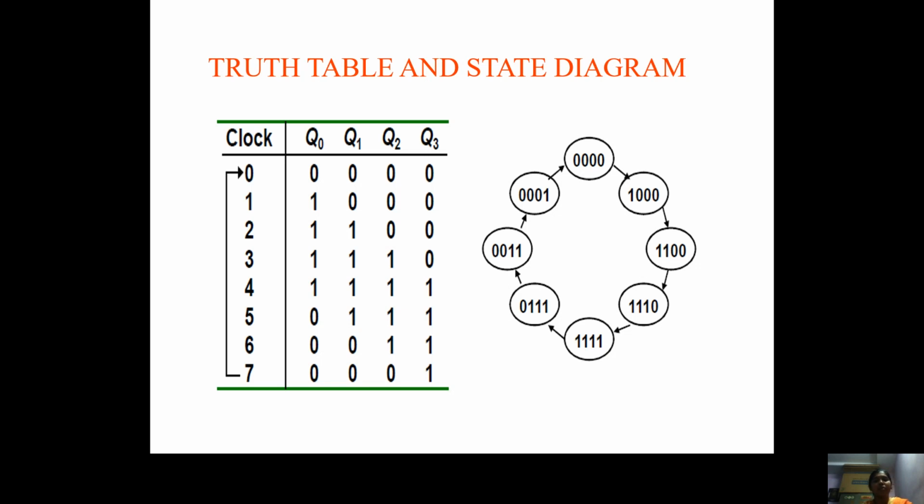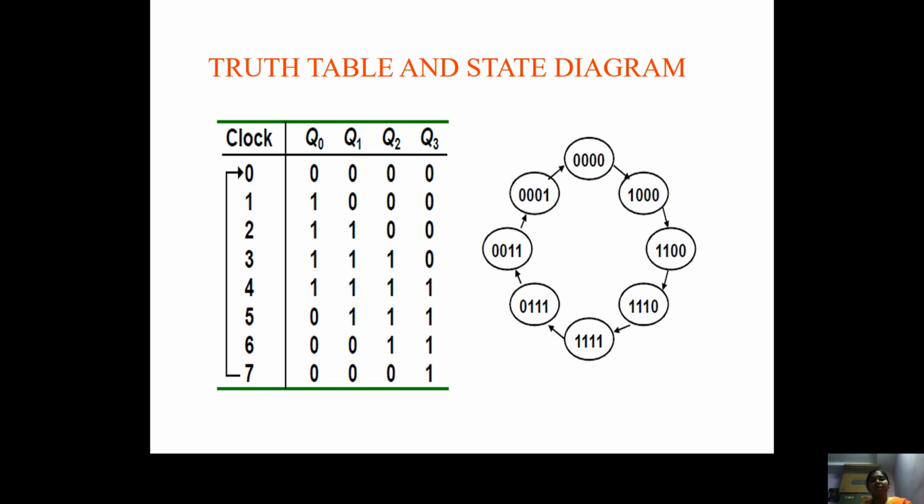Since Q0 was 1, Q1 will also become 1, because D was 1. Similarly, since Q1 was 1, the output of the third flip-flop also will become 1, and since Q2 was 1, the output of the fourth flip-flop also will become 1.